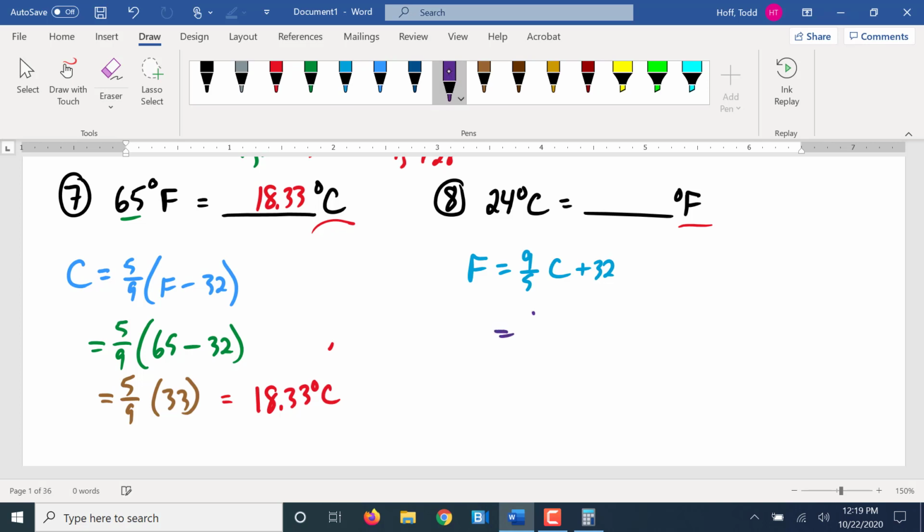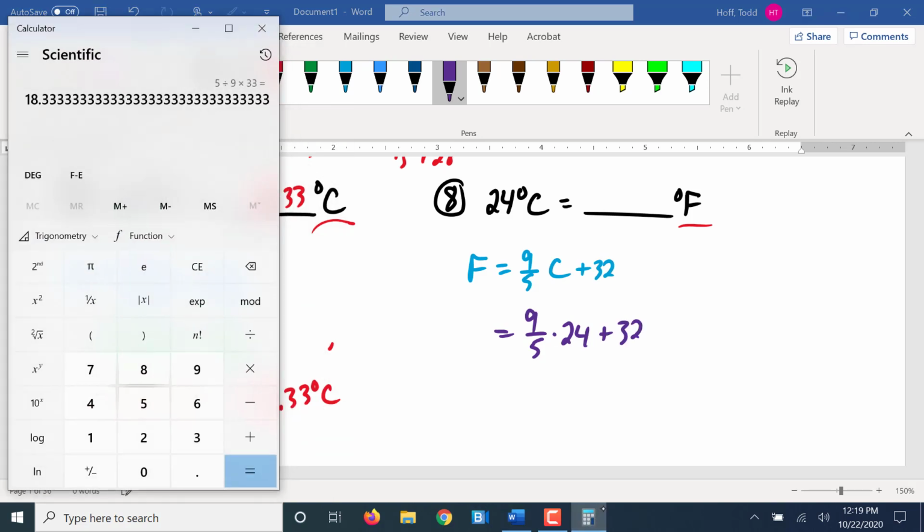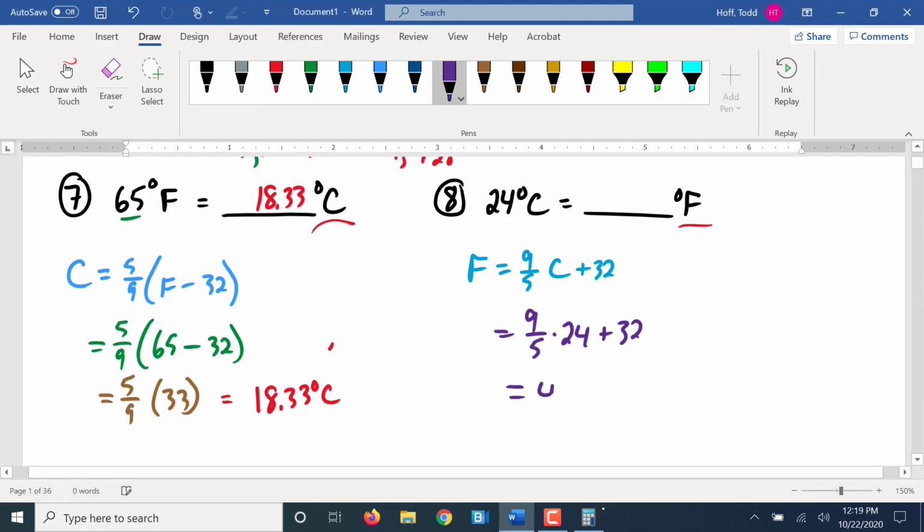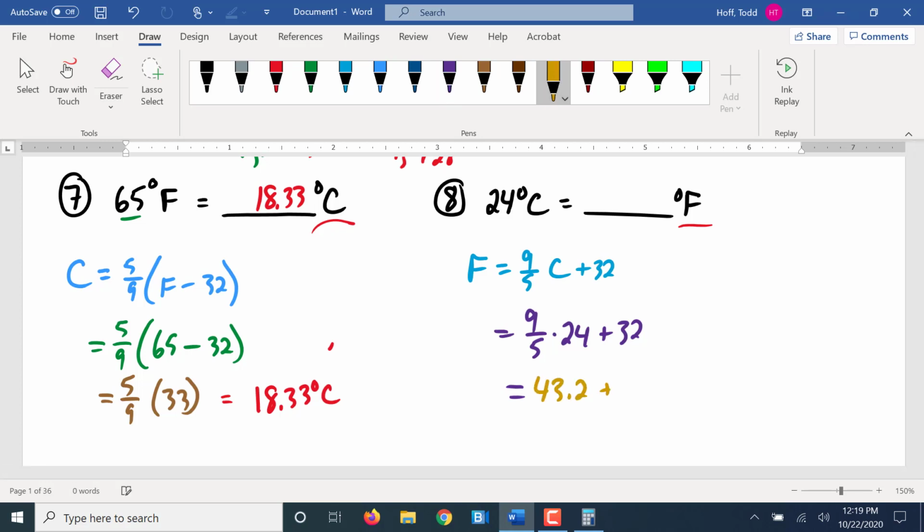We put 24 in for C. 9/5 times 24 is 43.2. And 43.2 plus 32 is 75.2 degrees Fahrenheit.